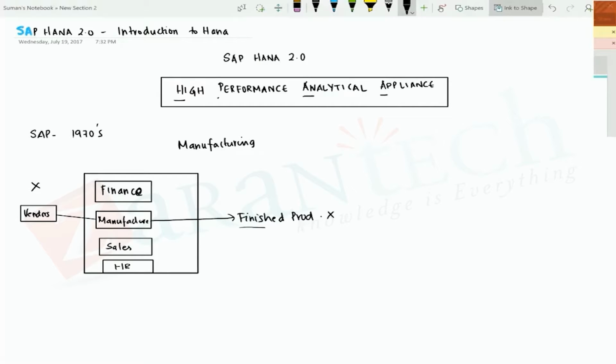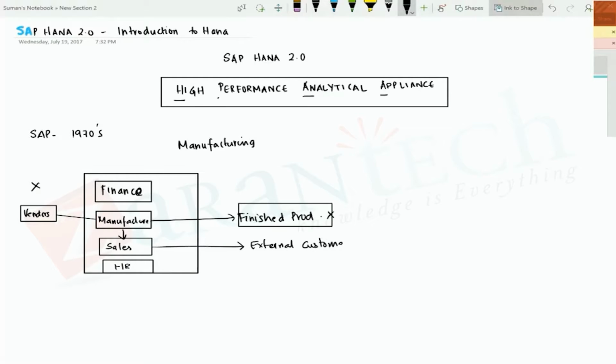Once they have finished the product called X, they have to start selling this product, right? So what happens? Though the manufacturing team is actually working on creating this finished product, the manufacturing team has to rely on the sales department. The sales department is the one that reaches out to the external customers and starts selling the product.